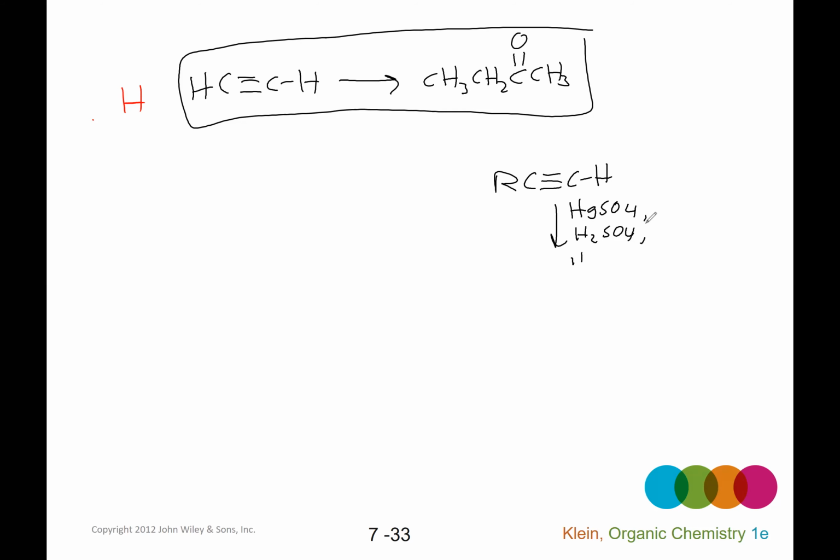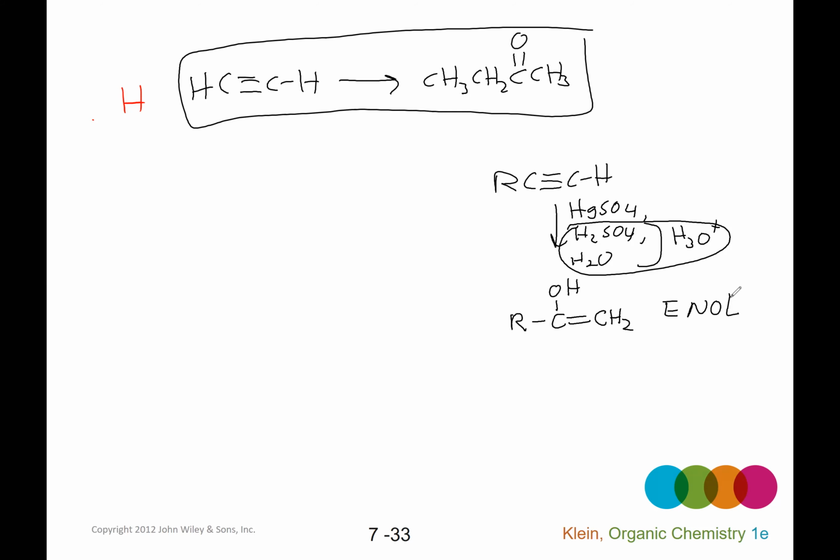That's the equivalent, of course, of H3O+. So what you get here is Markovnikov addition of water. Remember that sulfuric acid and water to an alkene gives you an alcohol. Sulfuric acid and water to an alkyne gives you, remember what these are called? Enols, right?